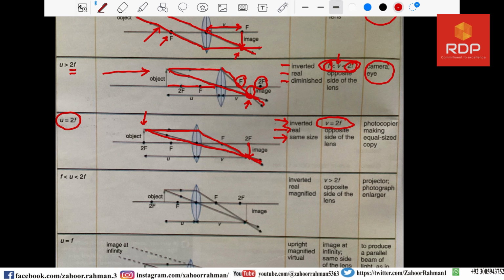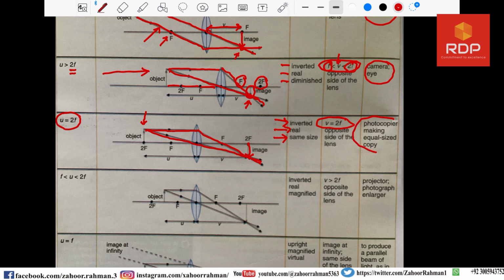So if you are making a photocopy of any transcript or any document, you will see that it is of the same size as in the document.